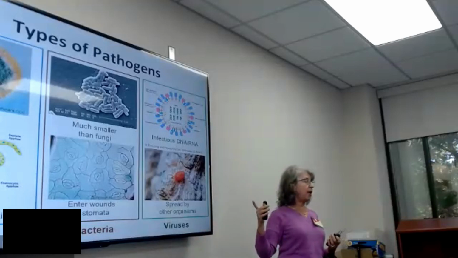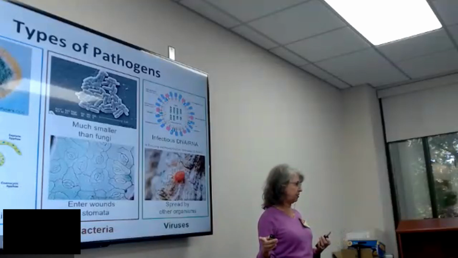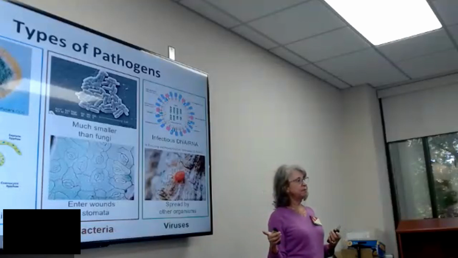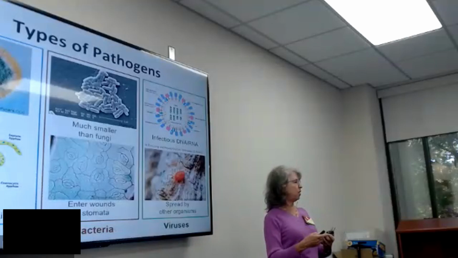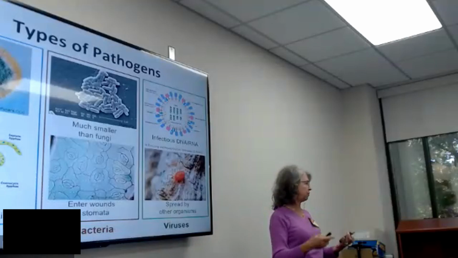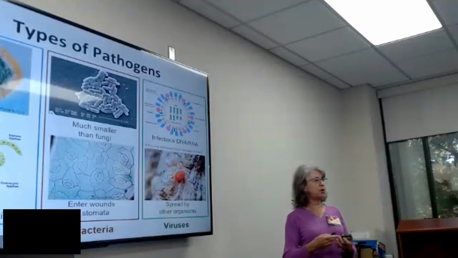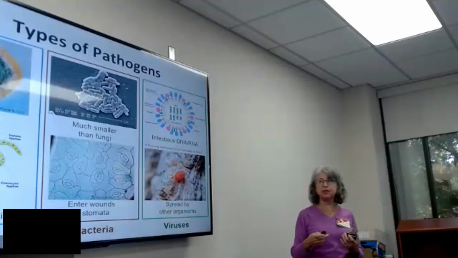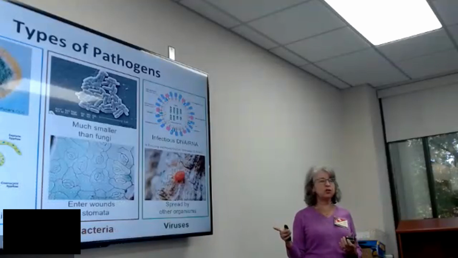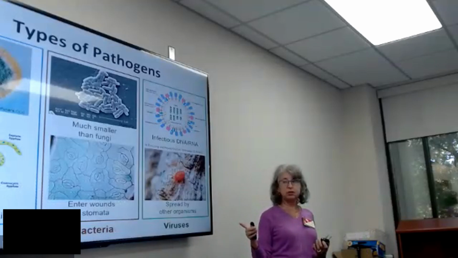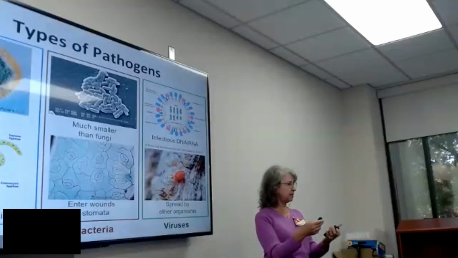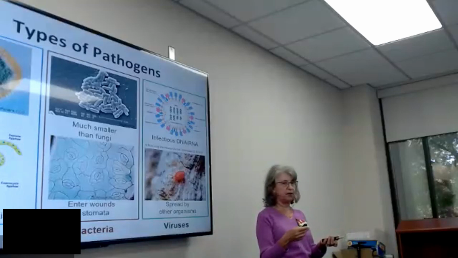Bacteria are way, way smaller than fungi. Fungi, parts of them are microscopic, but if masses come together, you can see, obviously, mushrooms, groups of mycelium, spores that are so abundant that you can see them. Bacteria you can only see with a microscope, a regular type of microscope, not a dissecting scope, not the kind of scopes we have for class, but a compound microscope.